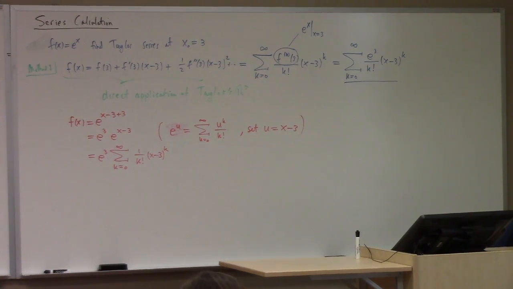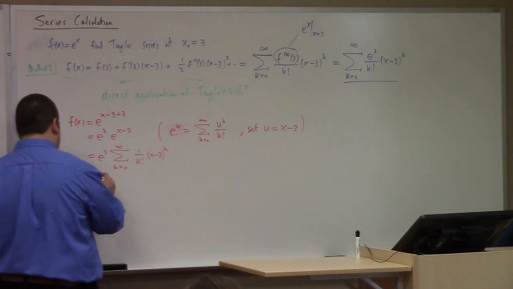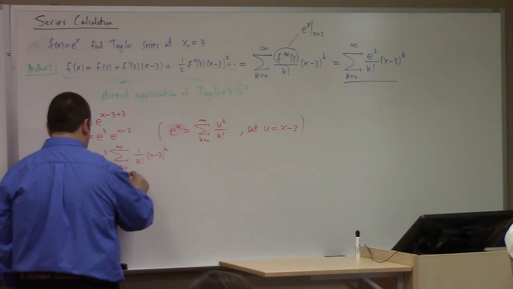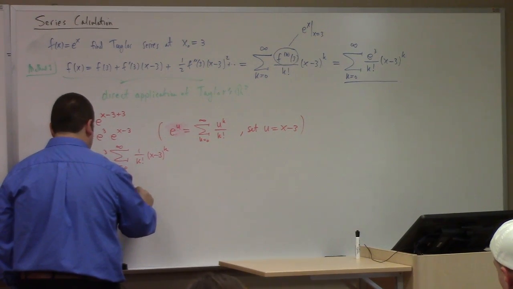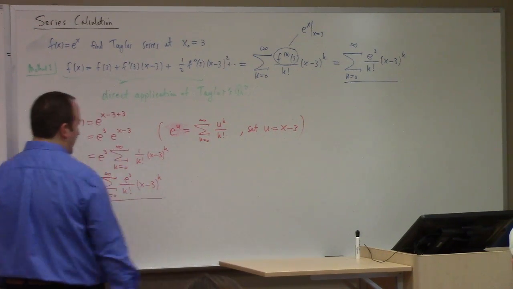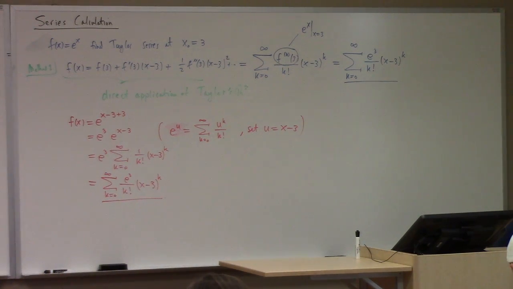So which method is better? Direct application of Taylor's series or the substitution idea I just showed you guys? Same answer. I tend to think for this example, direct application of the Taylor polynomial is probably faster and easier, right?